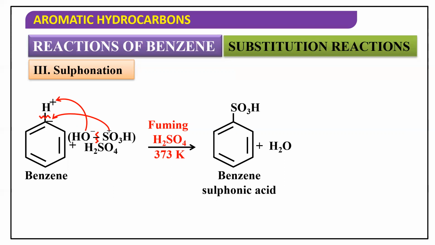So what has happened from left to right? Hydrogen of benzene is replaced by the SO3H group. Hence this reaction is called sulfonation, and the final product is benzene sulfonic acid.